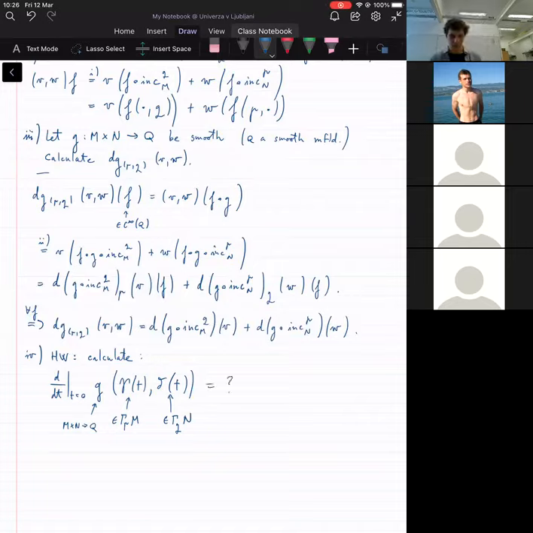You may want to try using the above steps and maybe the third part of this exercise. But we're not going to do it here.